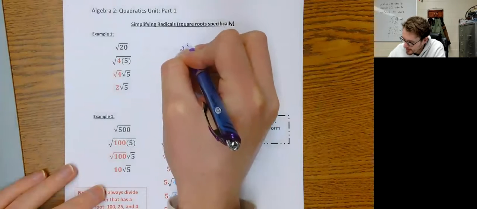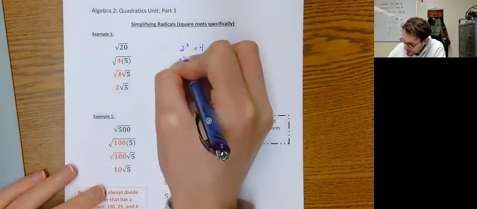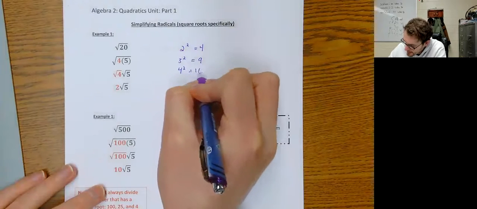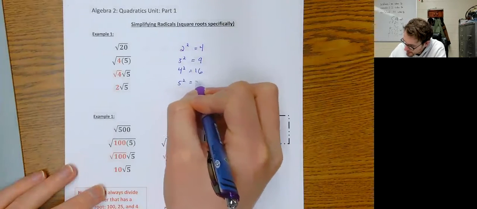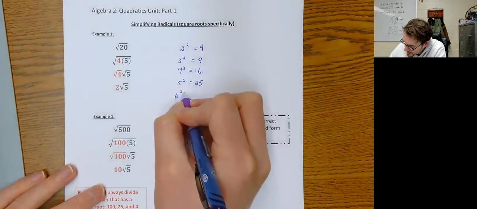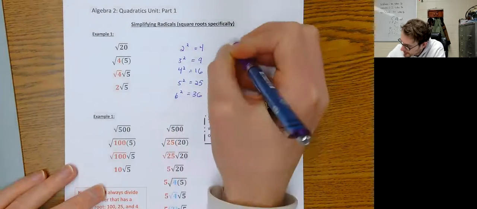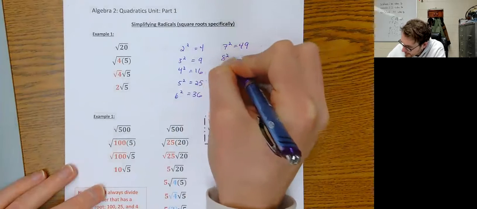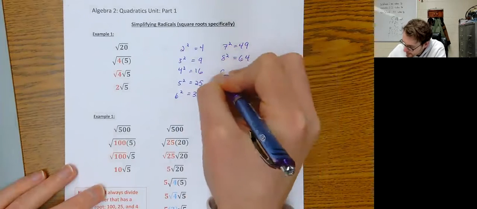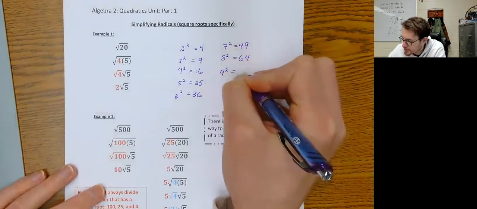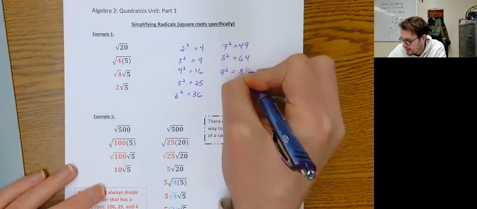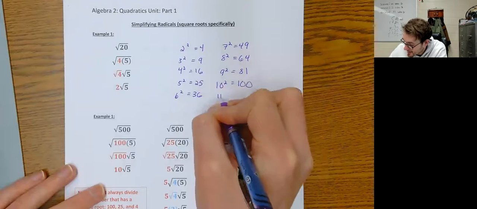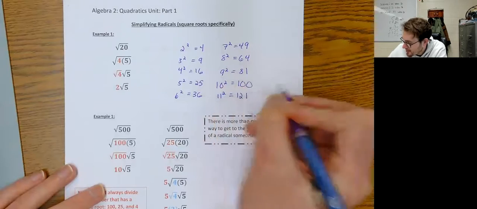2 squared equals 4. 3 squared equals 9. 4 squared equals 16. 5 squared equals 25. 6 squared equals 36. 7 squared equals 49. 8 squared equals 64. 9 squared equals 81. 10 squared equals 100. 11 squared equals 121.